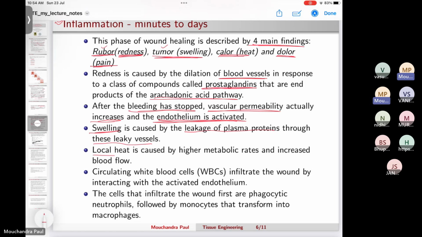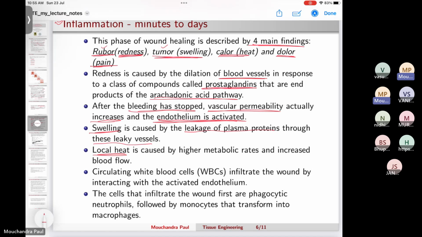The local heat that you experience, that is the calor, is because the metabolic rate of the cells involved there is quite high, because they have to undergo a very high rate of cell division in order to cover that area. So the metabolic rates are high, so heat is produced, as well as due to dilation of the blood vessels.